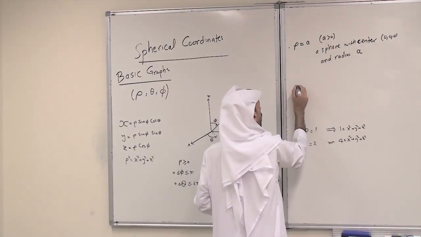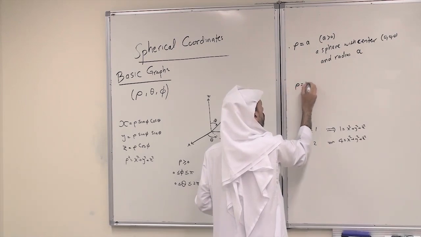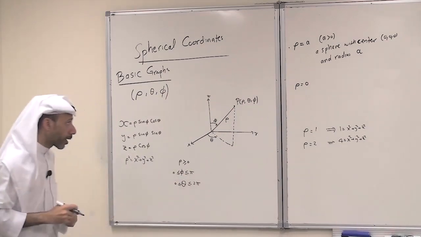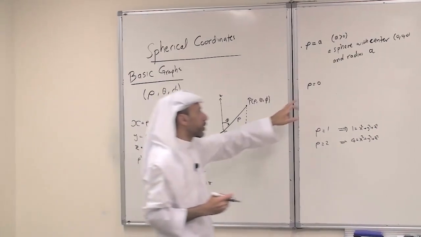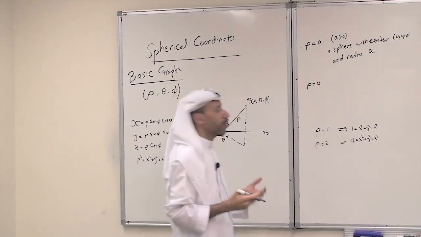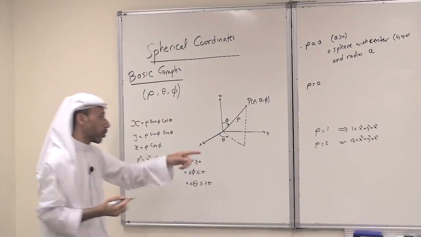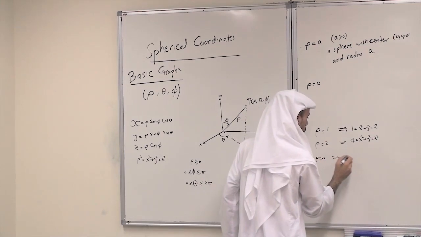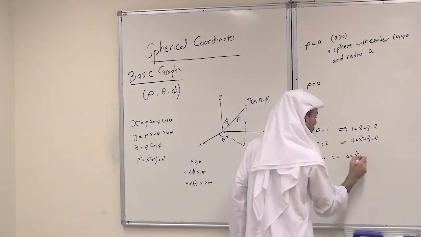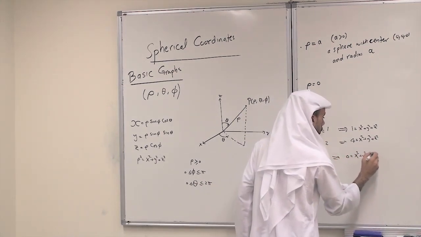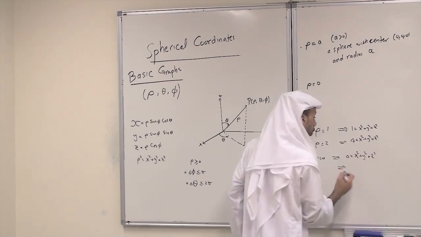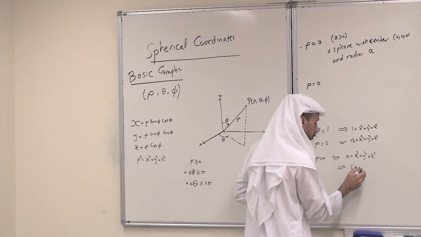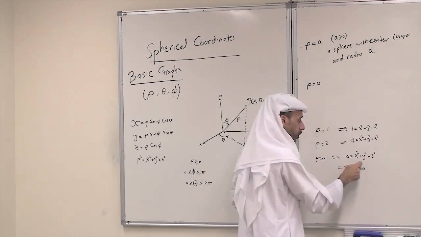What about if rho equals 0? If a equals 0, so rho equals 0, what is the graph of this equation? Again, you can use the same thing. If rho equals 0, then I have 0 equals x squared plus y squared plus z squared. And this is just a point, just the origin. Notice here you are adding positive numbers.